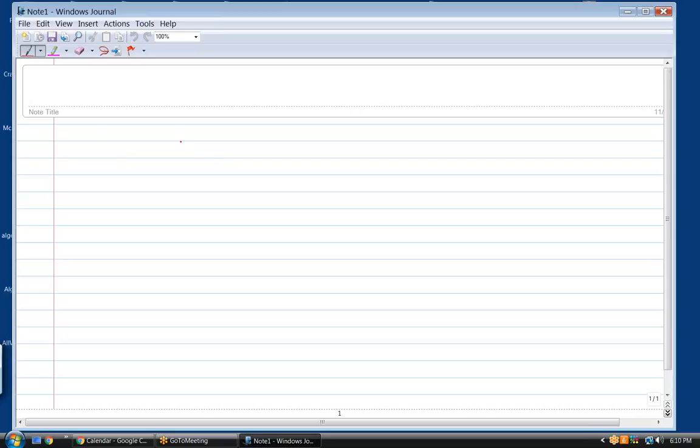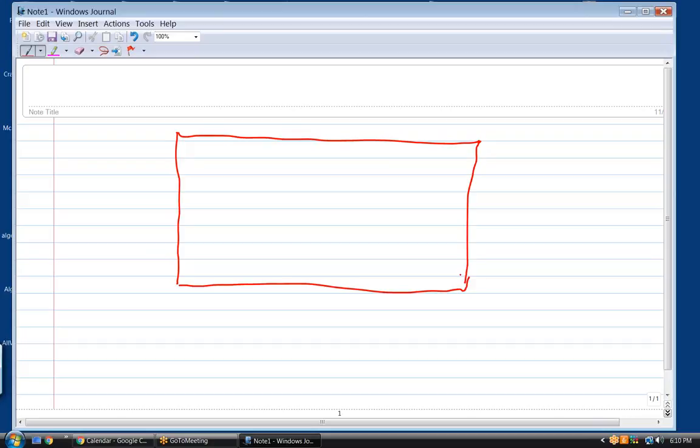Let's take the classic optimization problem. If I have a piece of cardboard that is 10 by 8, doesn't matter what its dimensions are, but I'm going to make an open-topped box by cutting out 4 corners and folding up the sides.